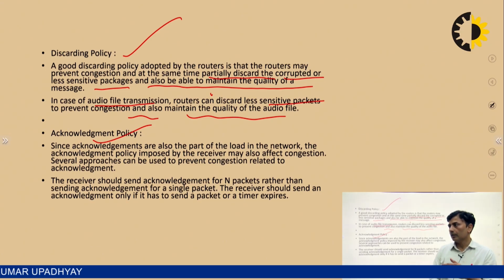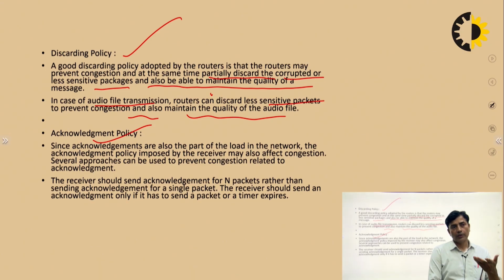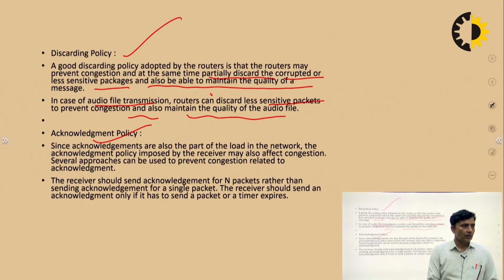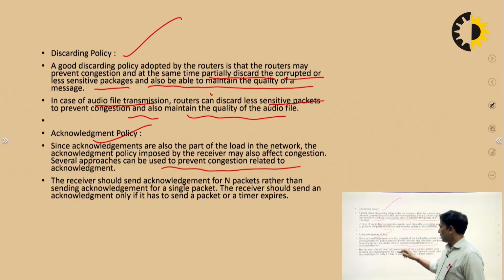To ensure the correctness of the information, that packet should be retransmitted. So the acknowledgement policy imposed by the receiver may also affect congestion. Several approaches can be used to prevent congestion related to acknowledgement.